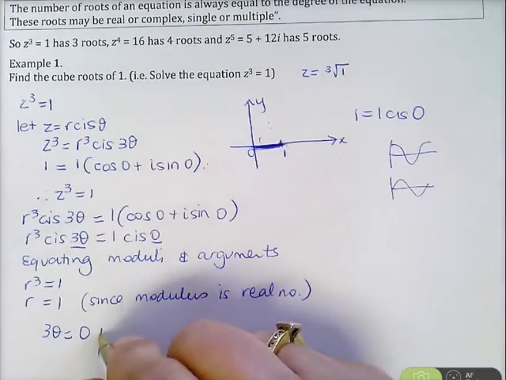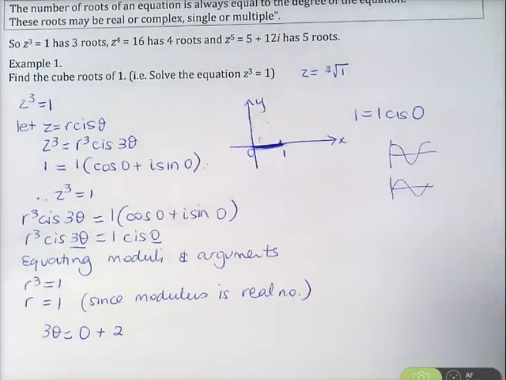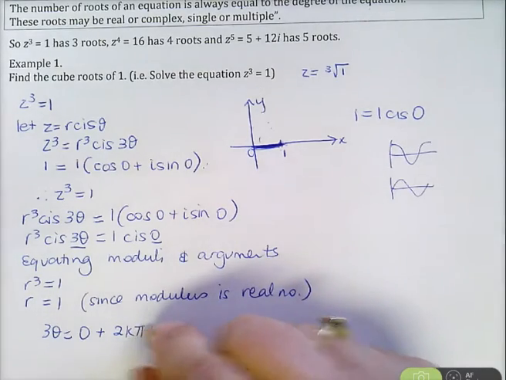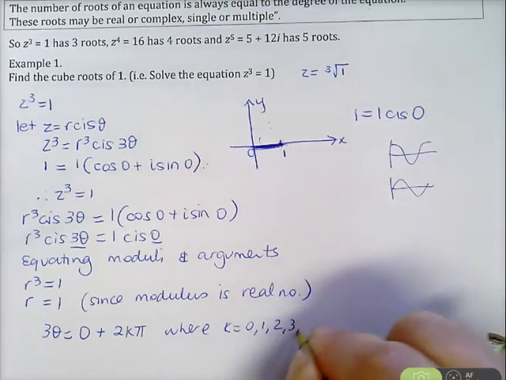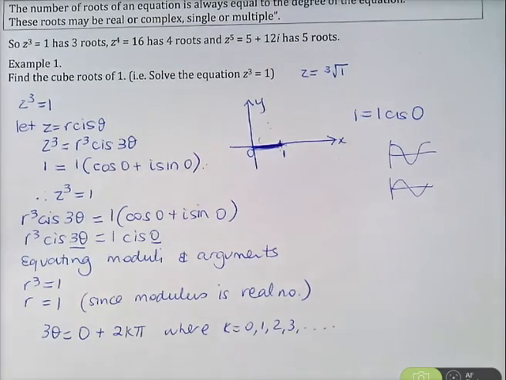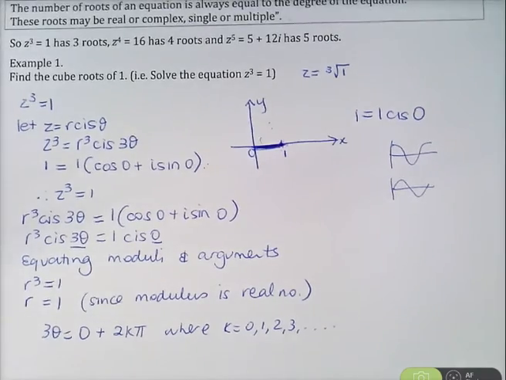However, it's equal to 0 plus 2k pi, where k equals 0, 1, 2, 3, etc., where it's 0 or a positive integer.